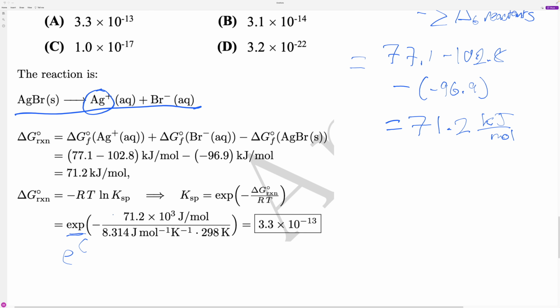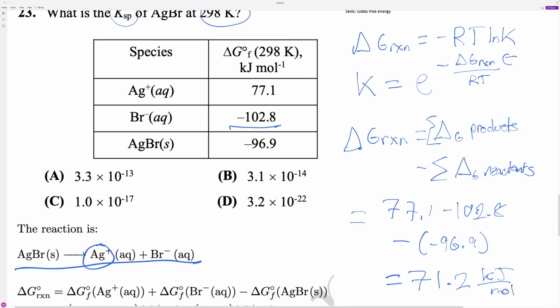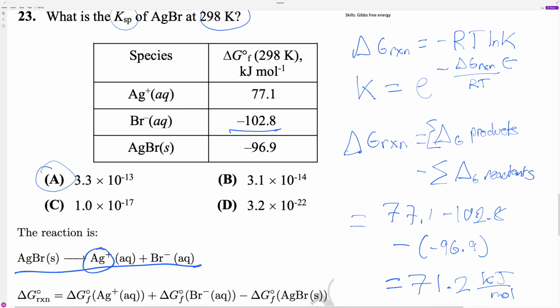Plugging in this and this, we get this value for KSP, and that's going to be our answer. The key thing to note with this problem is that you have to be careful that you're actually using the reaction for the KSP. You have to put it in the form of dissolution, since that's what KSP is used for.